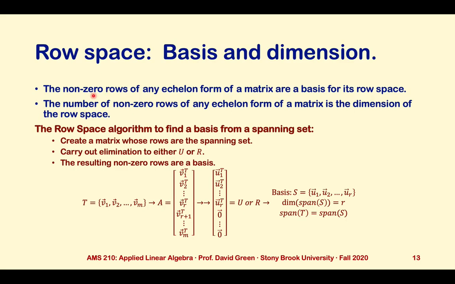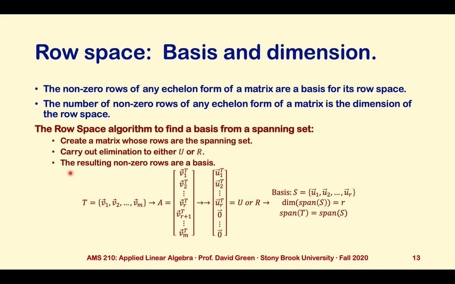We can apply this method for defining a basis for the row space of a matrix to find a basis for any set of vectors from a spanning set simply by using the same approach. We create a matrix whose rows are the spanning set.